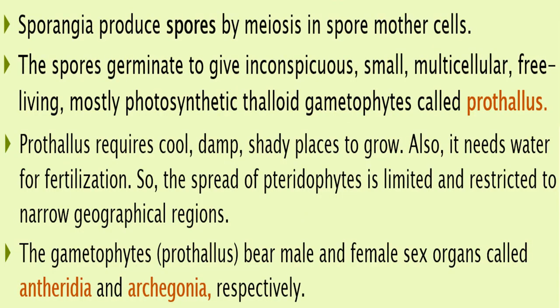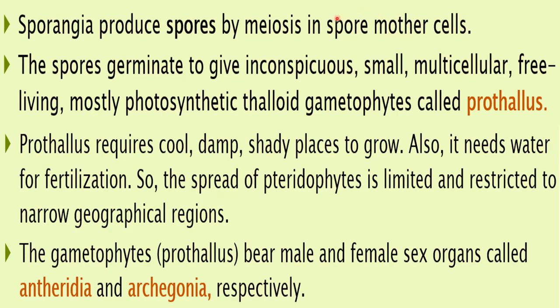Now you know what sporangia are. These sporangia can be in the form of a strobilus, or they can be subtended by the sporophyll. These sporangia produce spores. As you have seen in the diagram, sporogenous tissue is present inside the sporangia. So how are these spores produced? These spores are produced by meiosis in the spore mother cell.